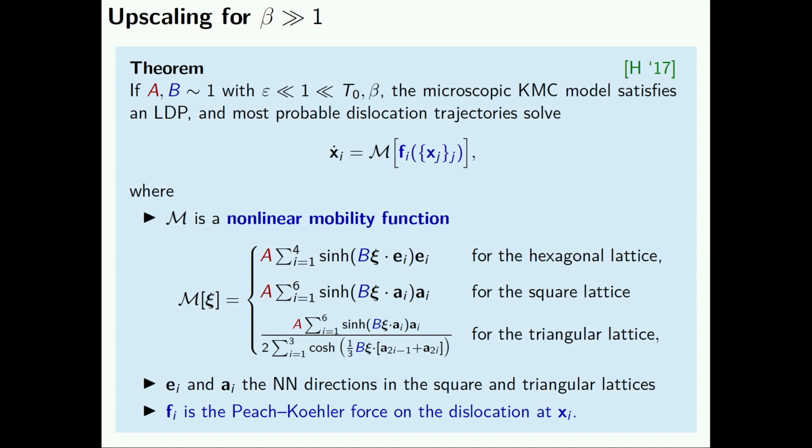And so the mobility function, interestingly, depends on A and B, these two parameters that I identified before, but it also depends on exactly the lattice structure that you put in, so in the 2D lattice. The true one for BCC, or the closest to the truth, is this one, because I really have a triangular lattice when I project onto 2D, but I also did it for these other lattices, just because it's slightly easier, as you can see from the form of this thing here.